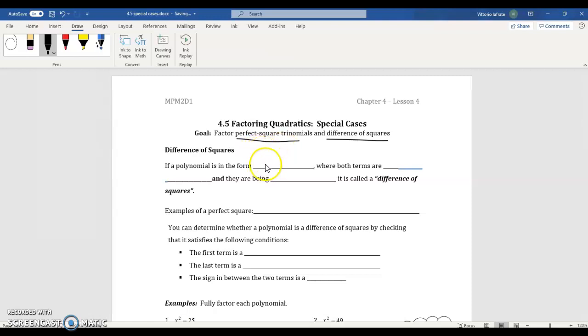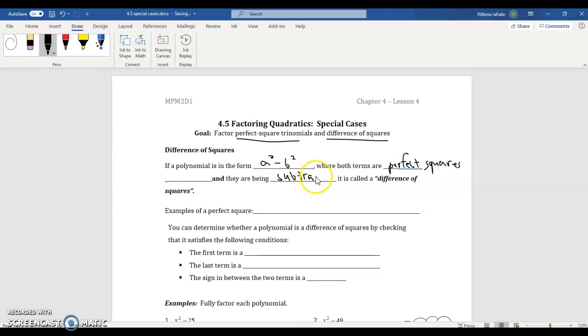So a polynomial that's in this form here, a squared minus b squared, where both terms are what we call perfect squares, and I'll explain what that is in just a bit, and they are being subtracted, so a minus.